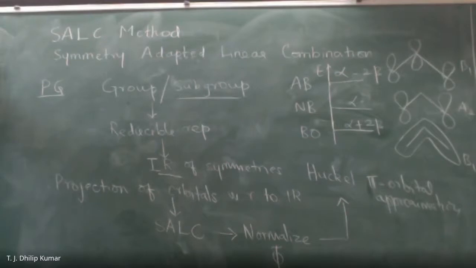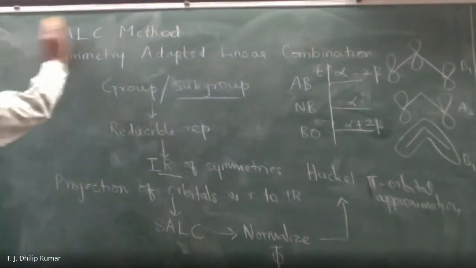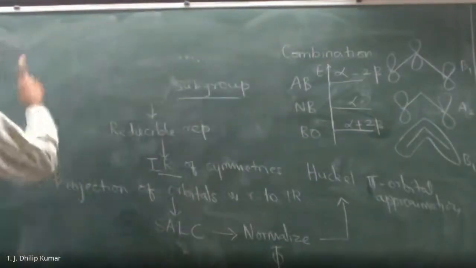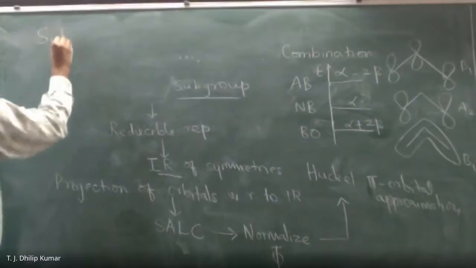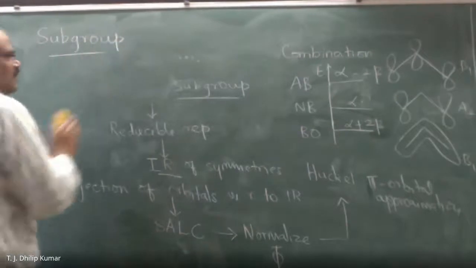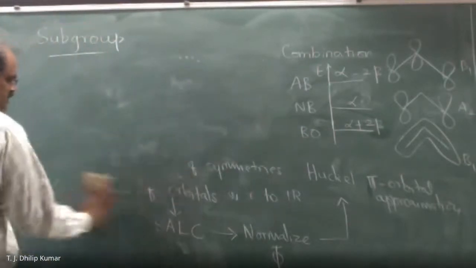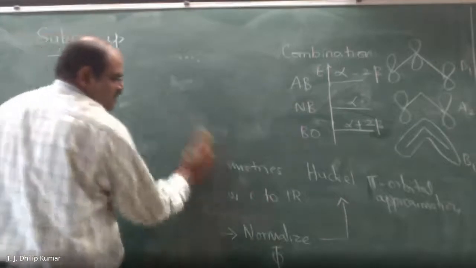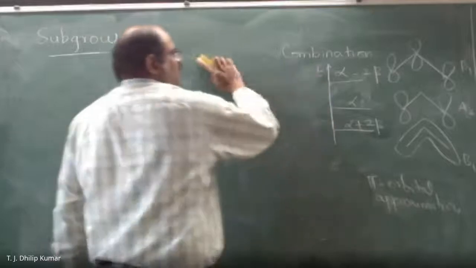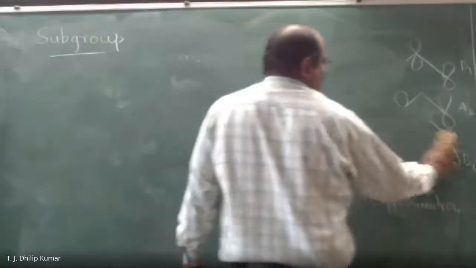In a group, there could be a smaller set of elements which obey these four properties. So that is called a subgroup. So a subgroup is a set of elements present in a group. They are smaller in number, but they also satisfy the four rules of a group.